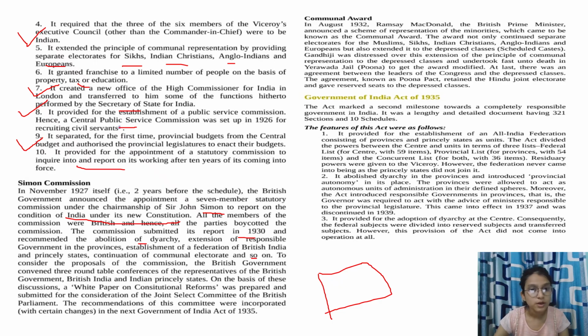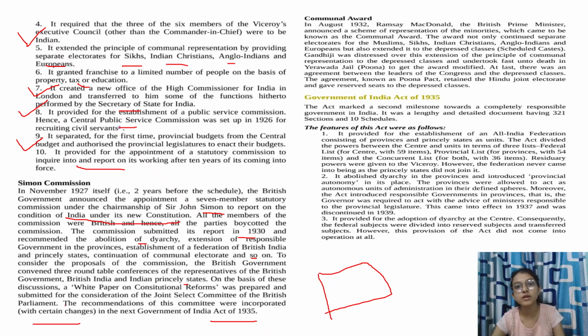To consider the proposals of the Commission, the British government convened three round-table conferences of the representatives of the British government, British India and Indian princely states. On the basis of these discussions, a white paper on constitutional reforms was prepared and submitted for the consideration of the Joint Select Committee of the British Parliament. The recommendations of the committee were incorporated with certain changes in the next Government of India Act of 1935.